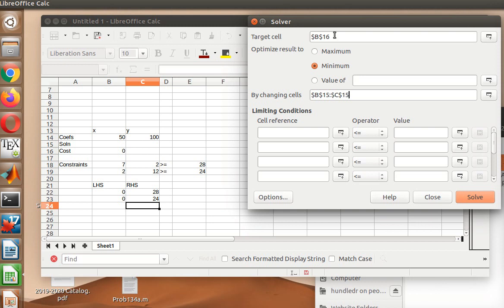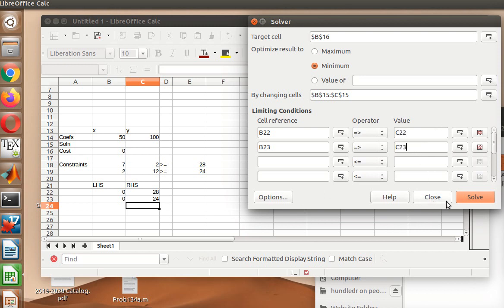Okay, good. And then my limiting conditions are, the cell reference here is going to be B22, right? And then this is going to be B23. And I want this to be greater than or equal to, then I could put in the cell references C22 and C23.